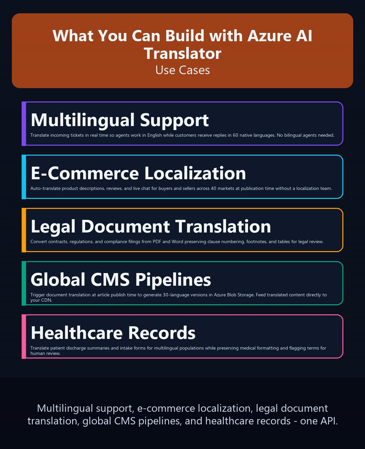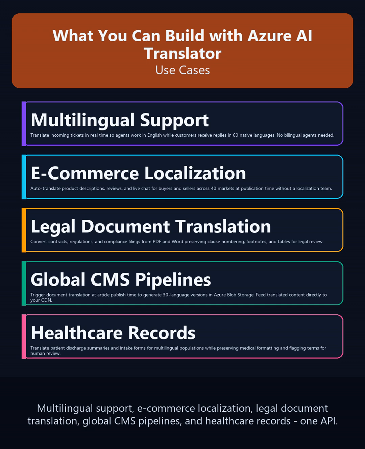Multilingual customer support translates incoming tickets in real time, so agents respond in English, while customers read replies in their native language. E-commerce localization auto-translates product descriptions, reviews, and chat for buyers and sellers across 40 markets without a localization team. Legal and compliance document translation converts contracts, regulations, and filings while preserving clause numbering, tables, and formatting for legal review.